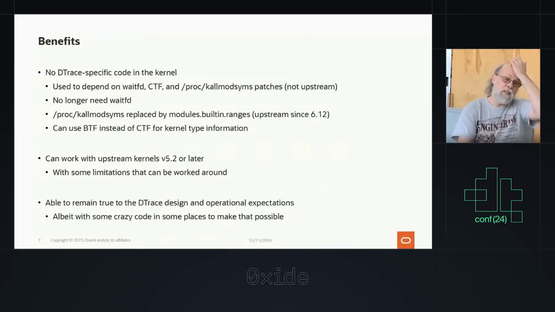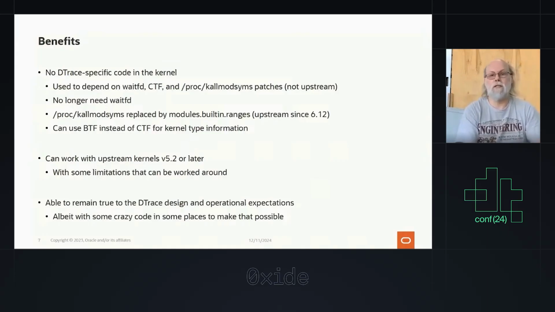So the benefits for this obviously are that there is no more dtrace specific code in the kernel. And I don't mean these benefits from the dtrace side, it means benefit from the Linux kernel side. Because we usually depended on some patches, even up until, I would say, maybe 2 years ago.